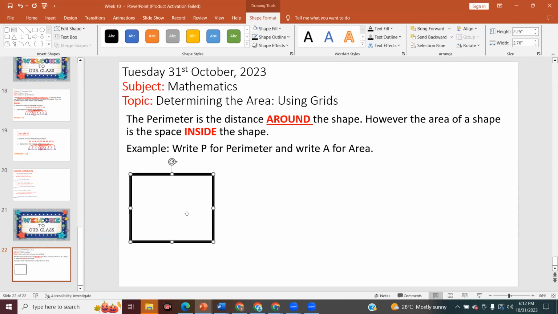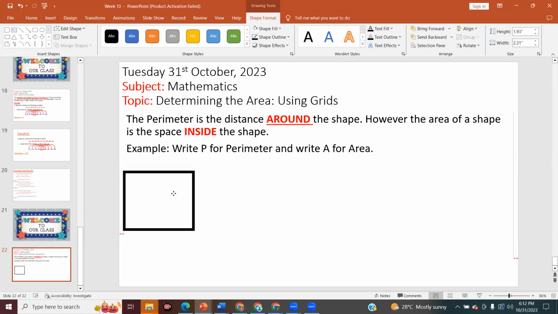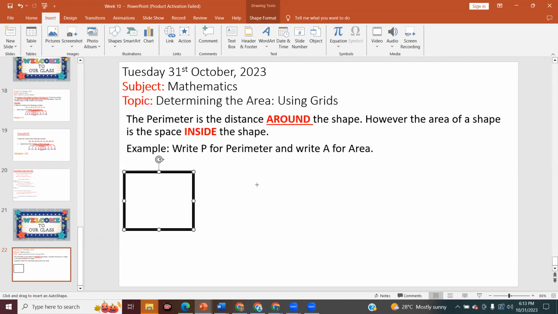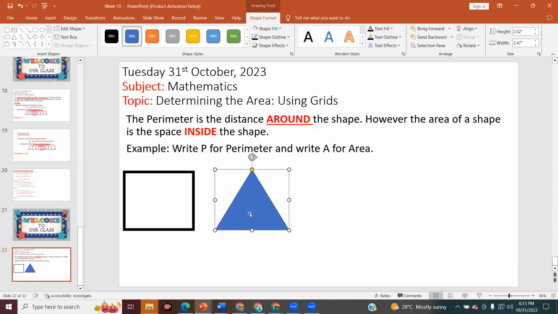So let's say we have this four-sided figure here. And let's say we have another figure, a triangle, and the space inside of it is this.